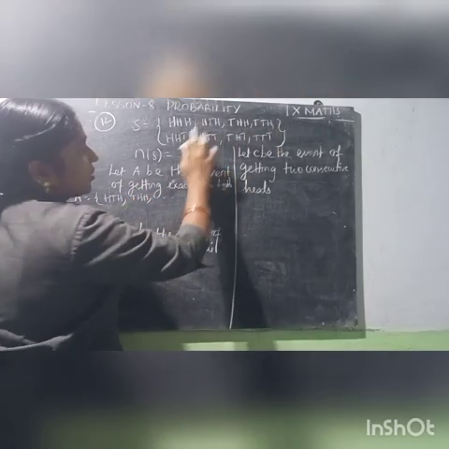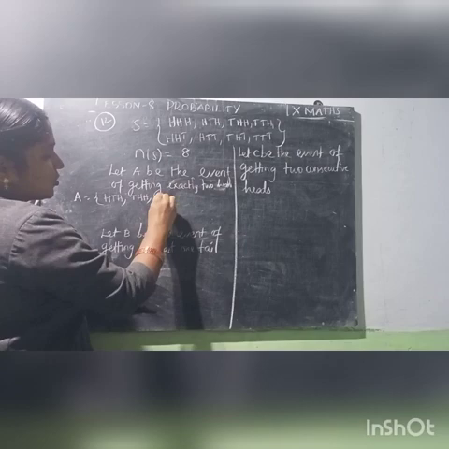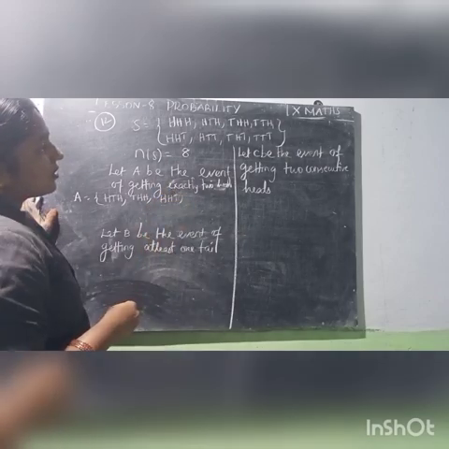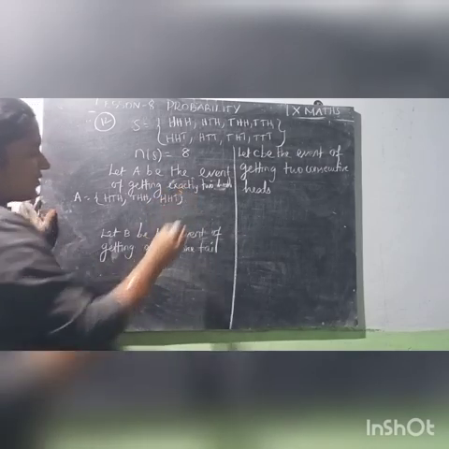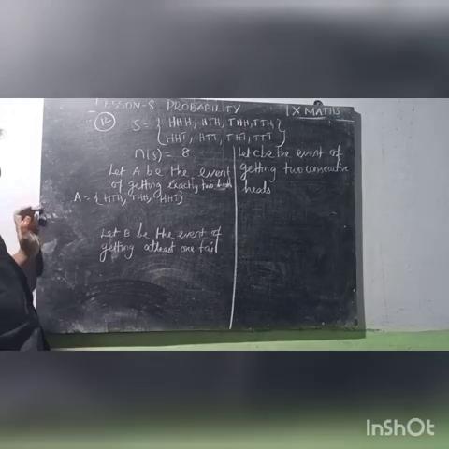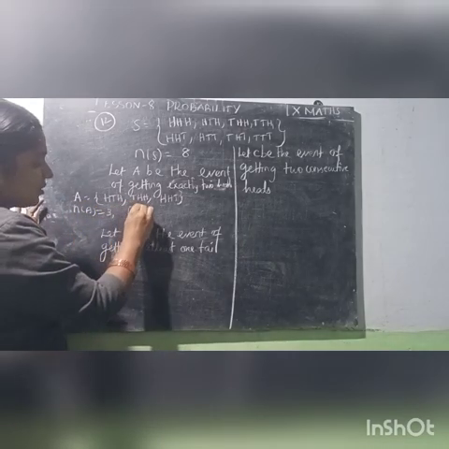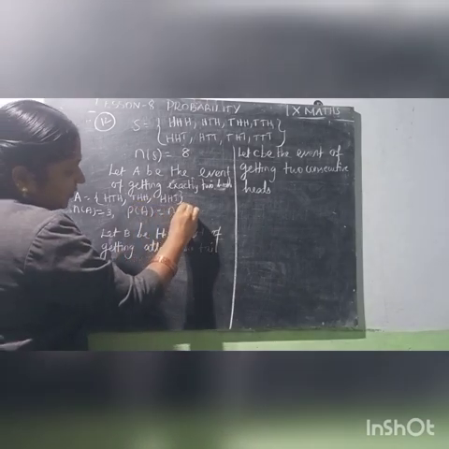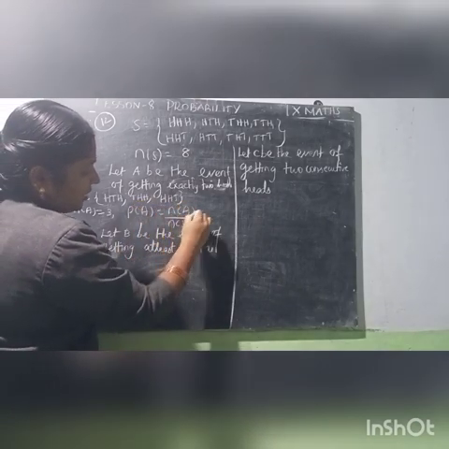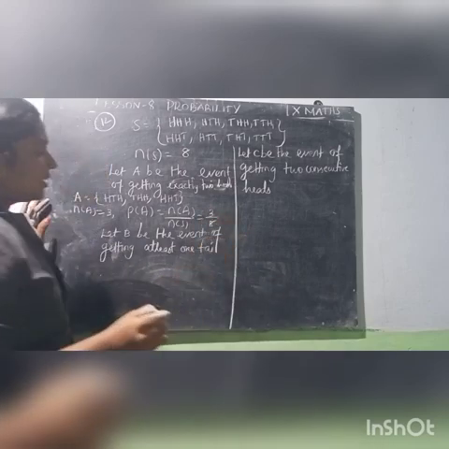Here only 1 head we can't select. So only 3 events are exactly 2 heads. So N of A equals 3, and P of A equals N of A by N of S, 3 divided by 8.